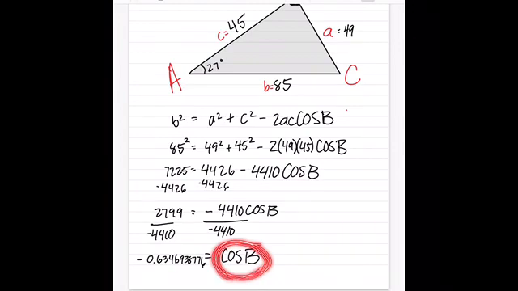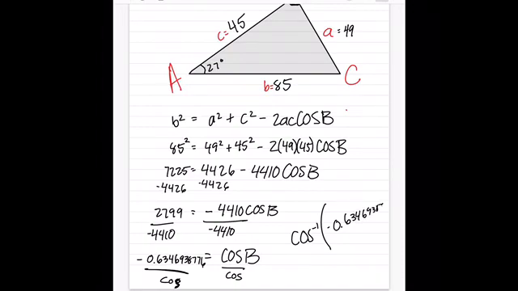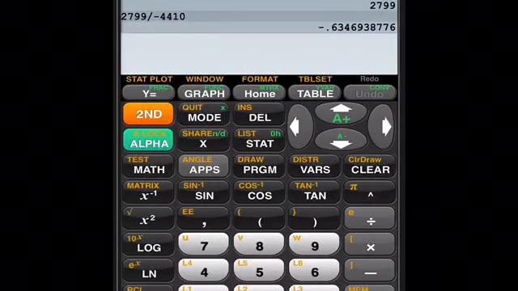Now, remember, I need B. I don't need cosine B. So technically I need to take the inverse cosine of everything. So this becomes inverse cosine of negative 0.6346938776. You can put this in your calculator fairly easily.